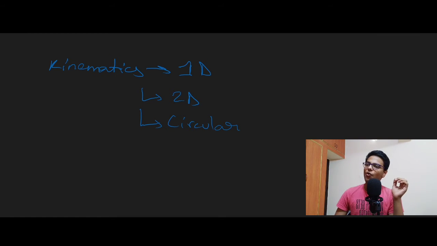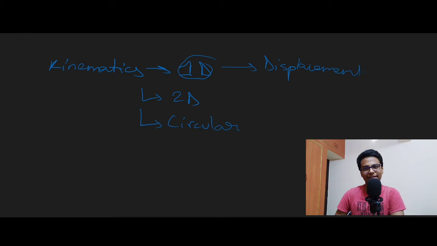Right, so first let's go ahead and look at a few definitions of 1D kinematics. This is just a sample. I'm going to be just talking random things over here just to show you how the videos will actually look like. Now in 1D kinematics we're going to be learning about displacement. Before we learn about displacement, what is distance?